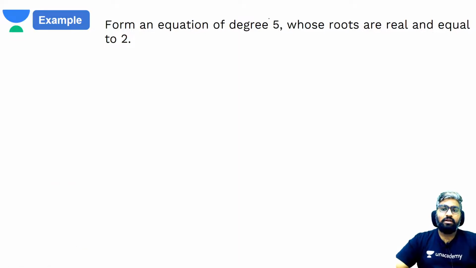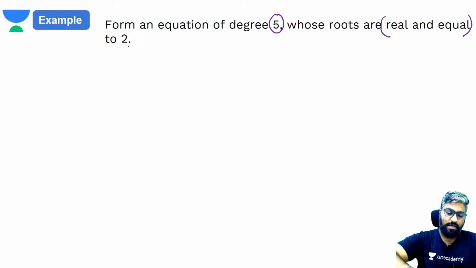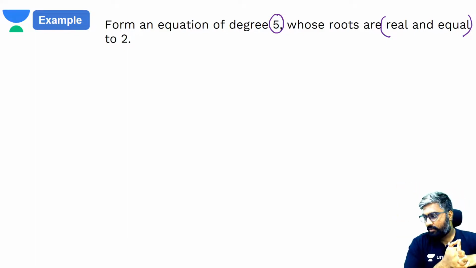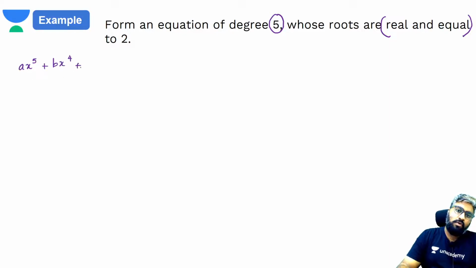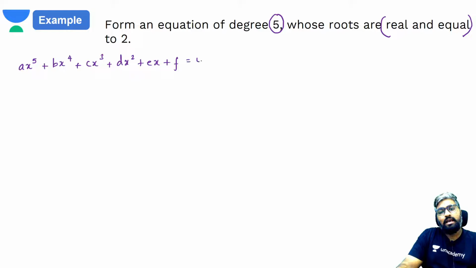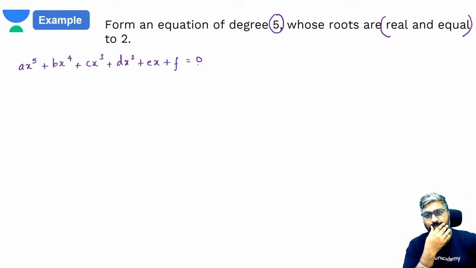Form an equation of degree 5 whose roots are real and equal to 2. I am dropping the pen. Quickly do it. Equation of degree 5. This is how your equation must look like: ax power 5 plus bx power 4 plus cx cube plus dx square plus ex plus f equal to 0.